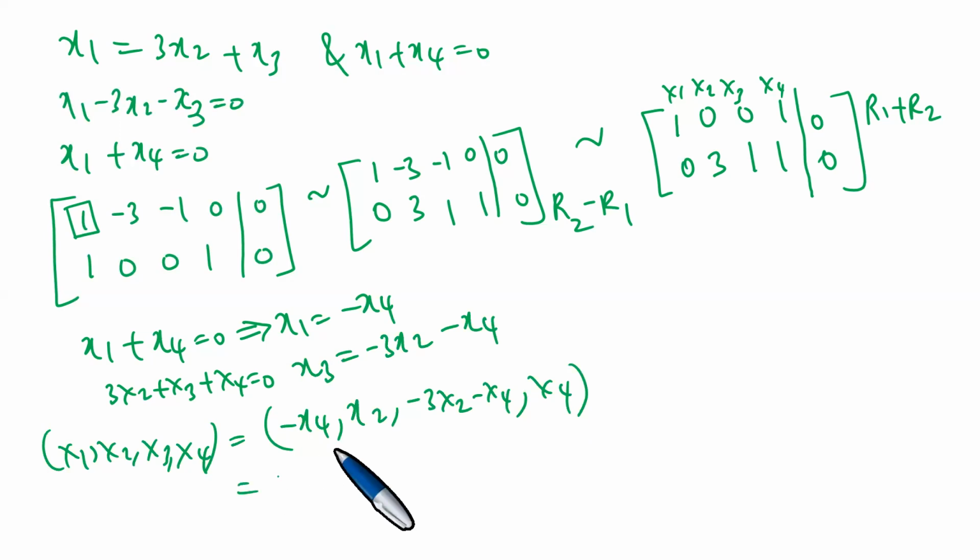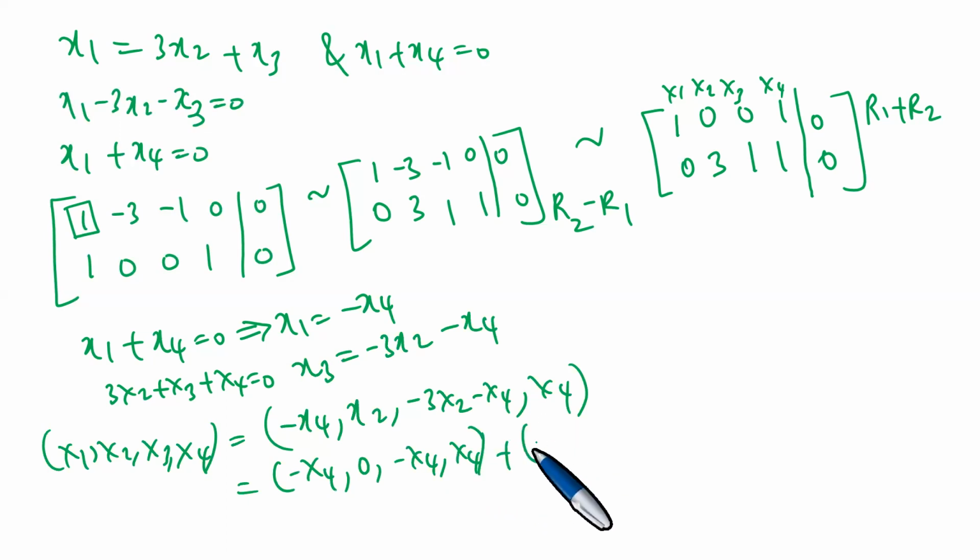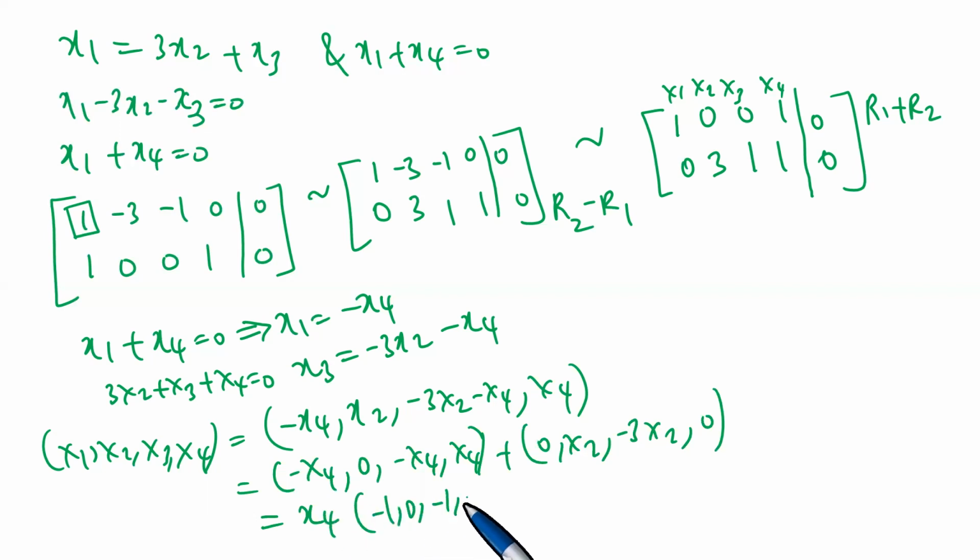Keep the x4s together: 0, minus x4, x4, which is minus 1, 0, minus 1, 1. And the x2s: there's an x2 there, minus 3x2, and a 0. So that is exactly x2 times 0, 1, minus 3, 0.